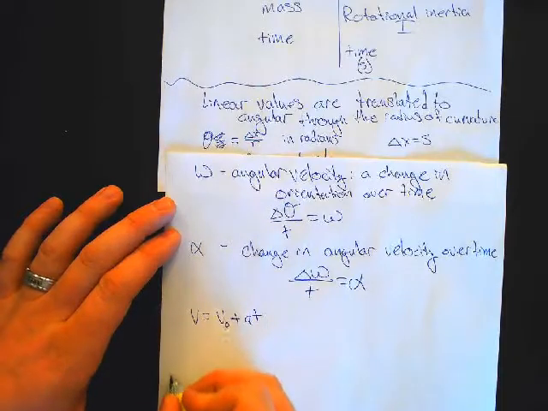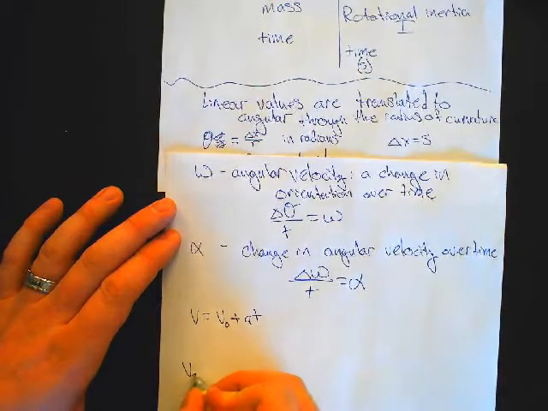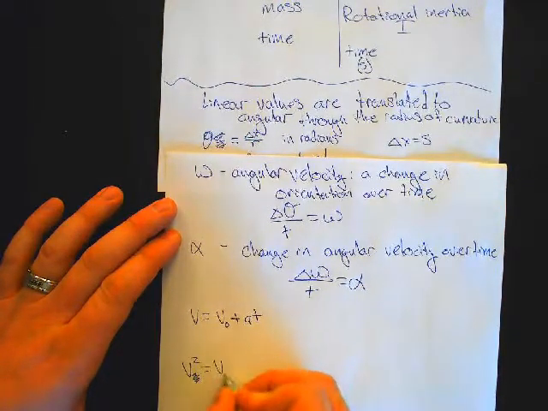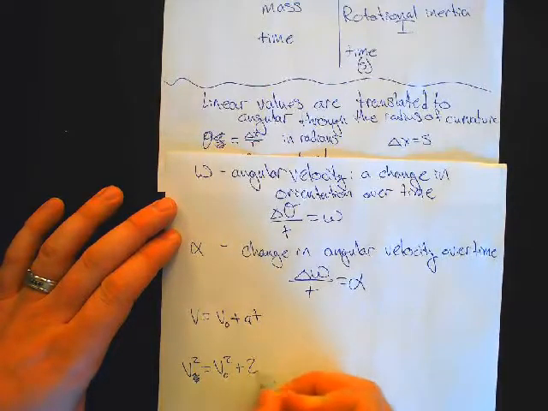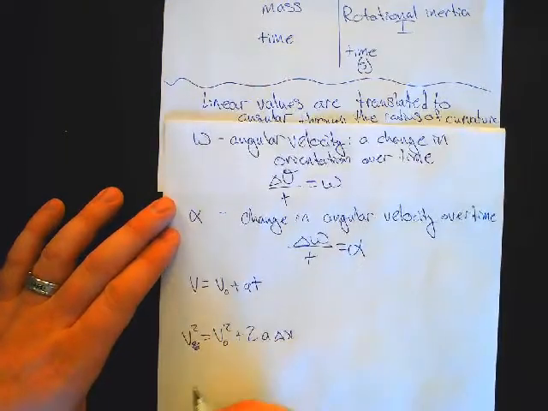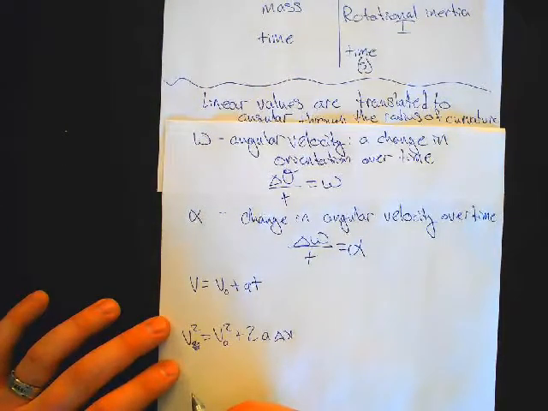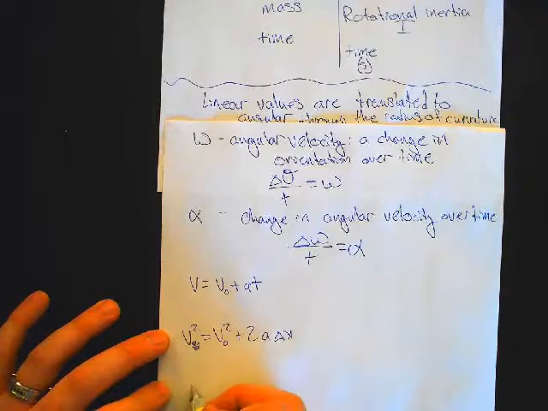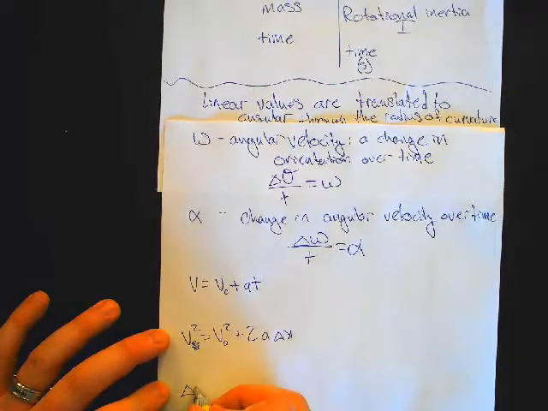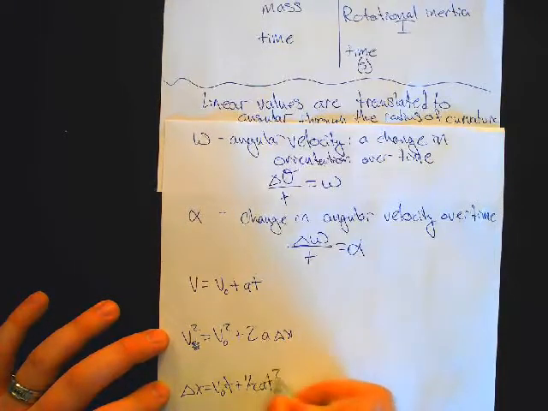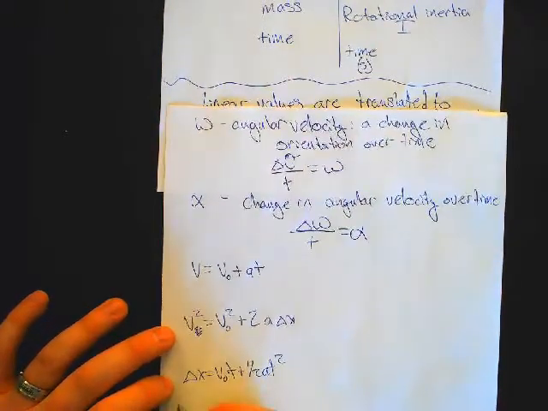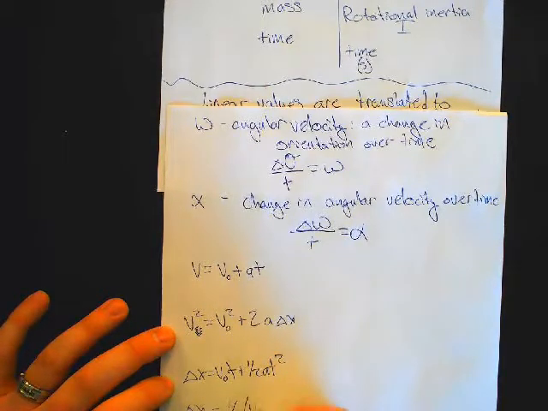We've got v squared equals v naught squared plus 2a delta x. Yeah, they're on the AP exam. Yep. You don't need to memorize them. Delta x is equal to v naught t plus half at squared. And lastly, delta x is equal to half v plus v naught, times t.